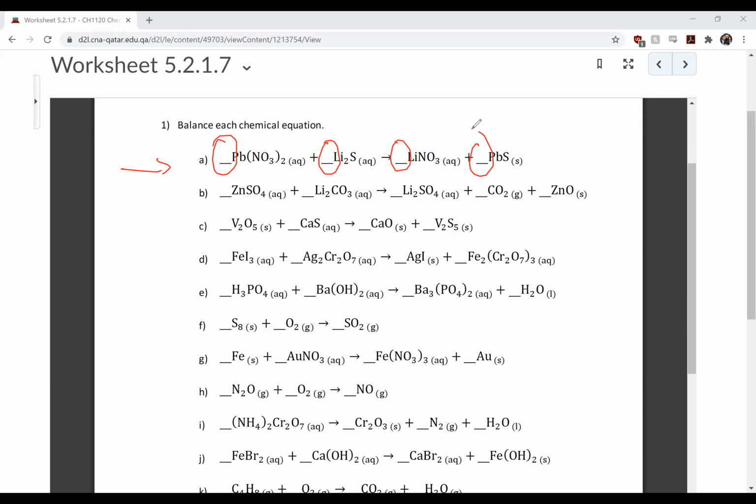You cannot change chemical formulas. You can't change elements. You can only put in what we call coefficients. Coefficients are the numbers in front of these chemicals. So coefficients here, typically in chemistry, your coefficients are like 1, 2, 3, 4, 5.